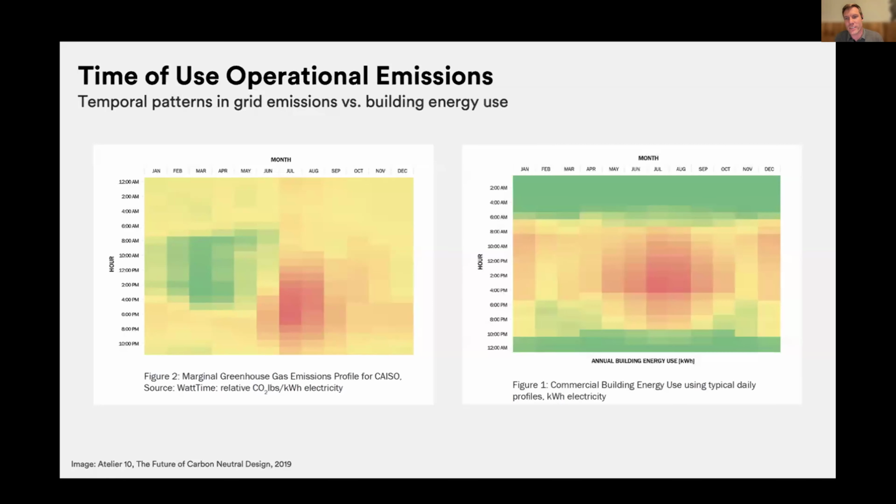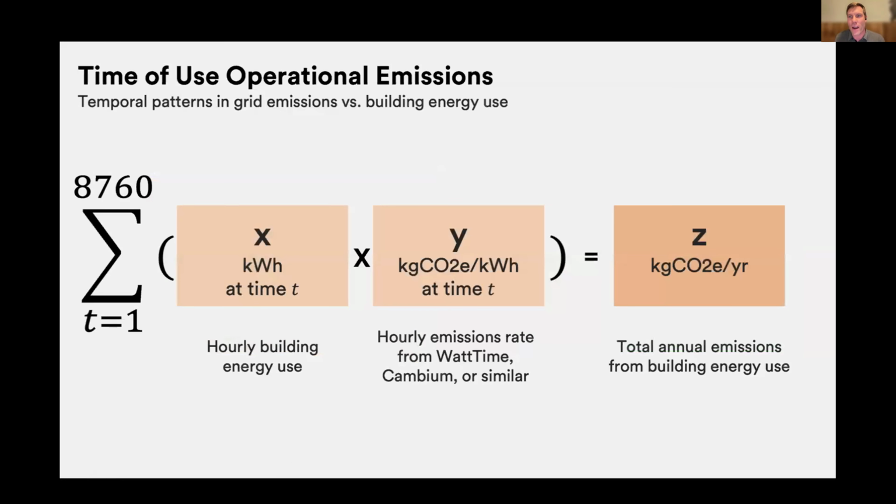Comparing that to patterns in annual building energy use, you're able to do a more sophisticated analysis of operational emissions over the course of the year. Again, the math here is relatively straightforward. Rather than just a single product of emissions and energy use, you do the same on an hourly scale and sum them. For each hour of the year, you multiply the energy use times the marginal emissions rate or average emission rate, depending on the use case, from the grid.